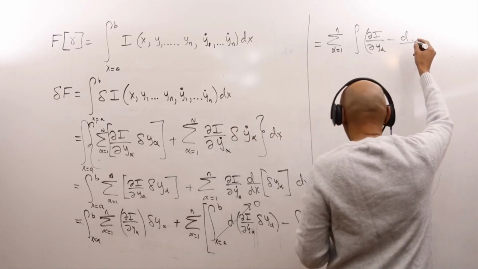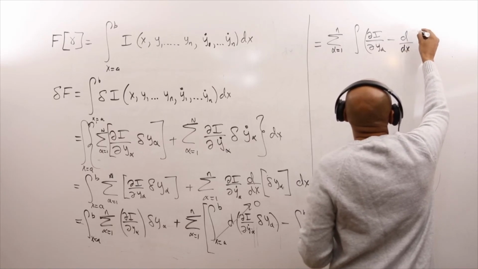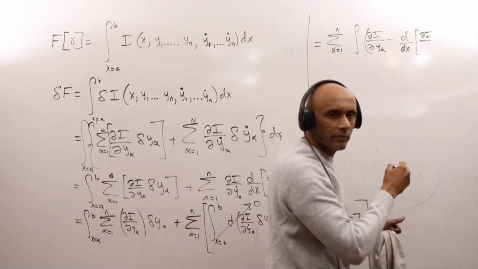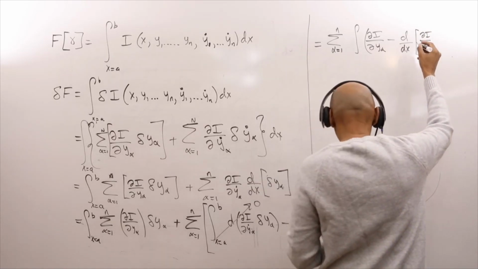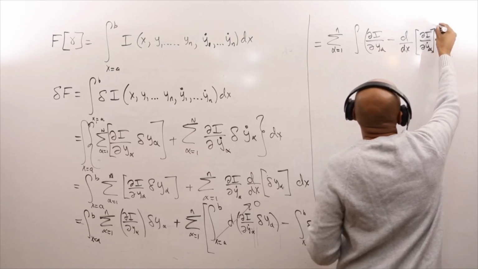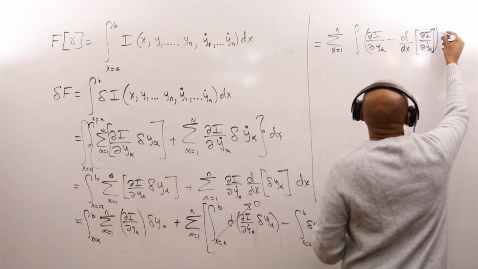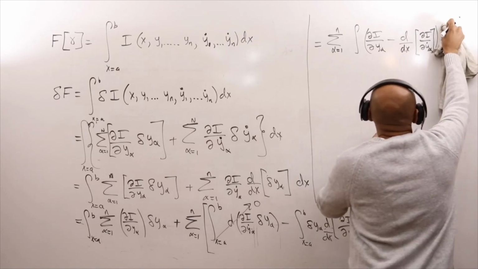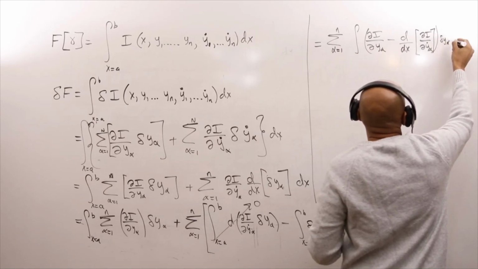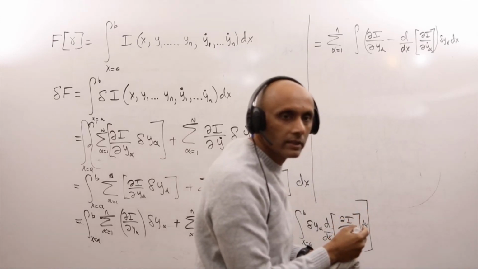We're chaining this in terms of x. And this is the partial of I. Hopefully I have enough space on the screen? I hope so. So here is y alpha dot, parentheses, and we're left with, I forgot the variation symbol, which is partial of y alpha dx. Did I get that? Yeah, I did.